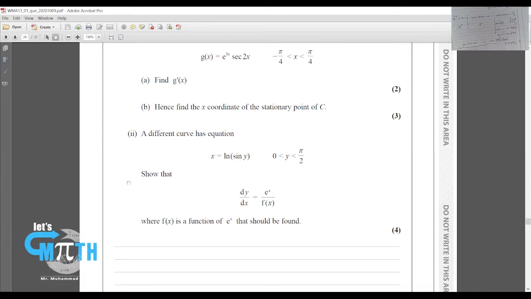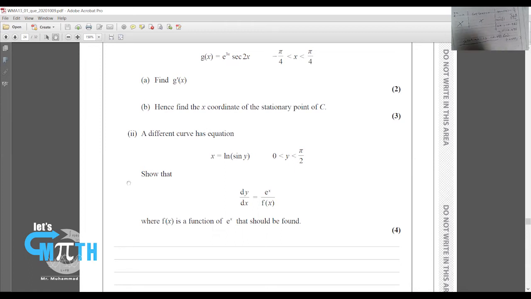Now the third part, that is double I: x equals ln sine y, where y is between 0 and pi over 2, or 90, an acute angle. Show that dy dx is equal to e power x over a function of x.